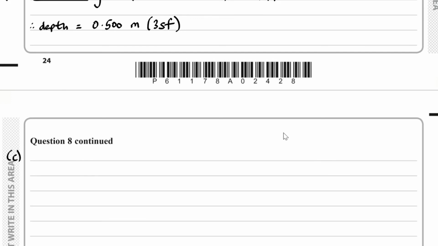So when we rotate about the y-axis, we have pi lots of the integral of f of y squared dy.